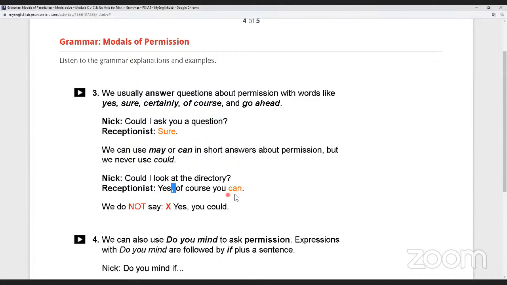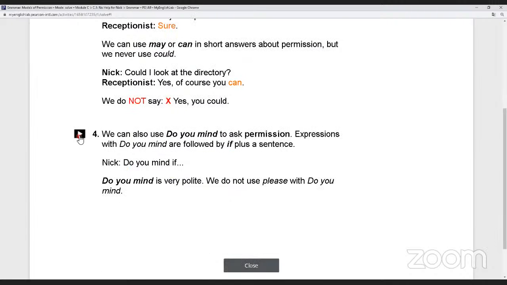Yes, the comma, again the punctuation, of course you can, and the period. This is very important, especially if we are writing. So, any question about number 3, maybe? No, it's okay. All right, thank you. Let's continue with number 4.